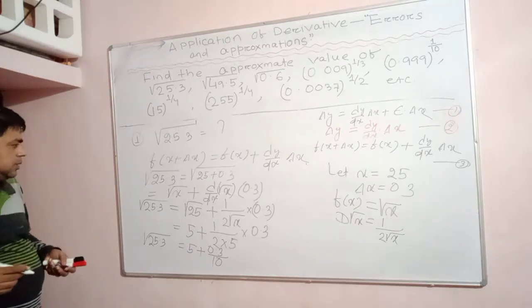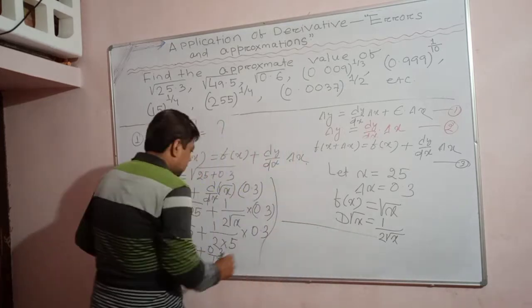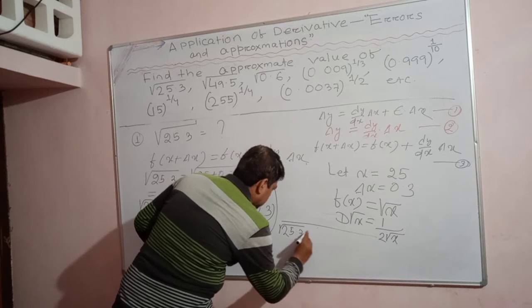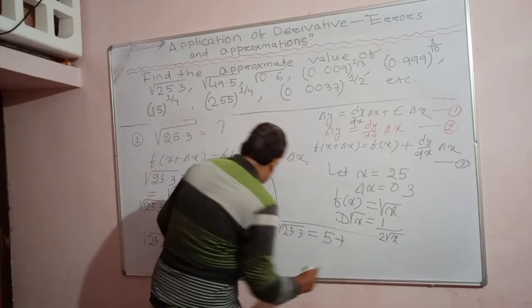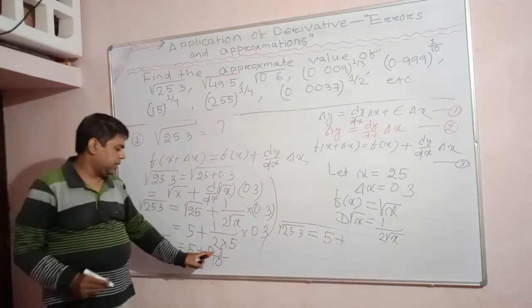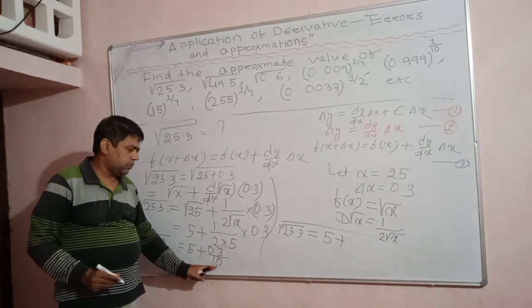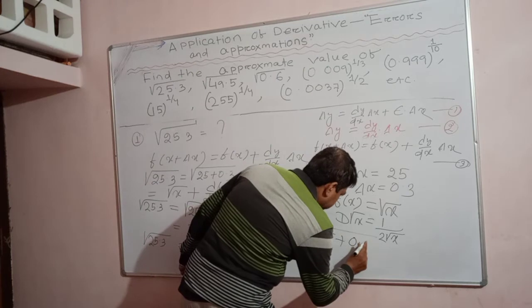Understand? Let's see now. Here I am writing: the square root of 25.3 is equal to 5 plus 0.3 divided by 10. If anything is divided by 10, the decimal point is shifted toward the left according to the number of zeros. So it will be 0.03.